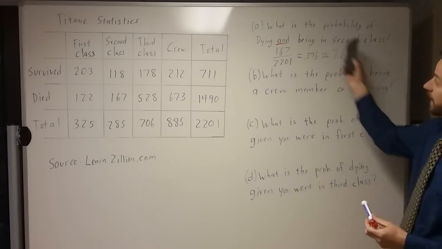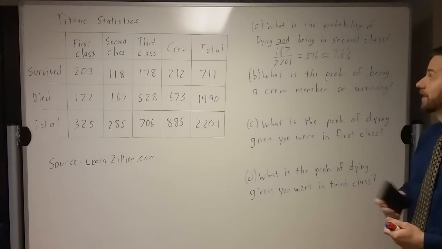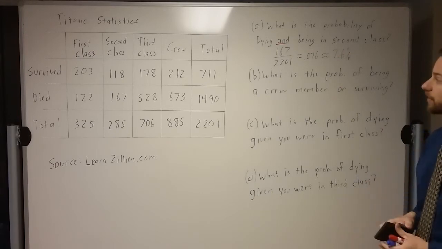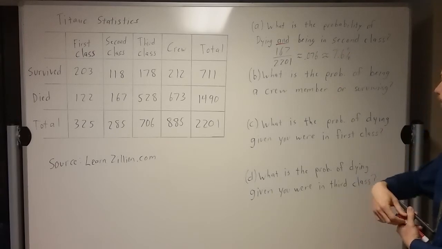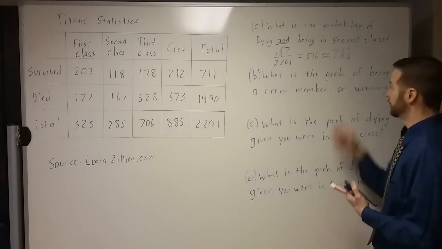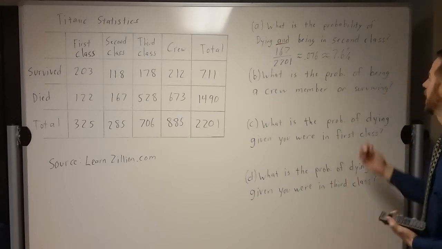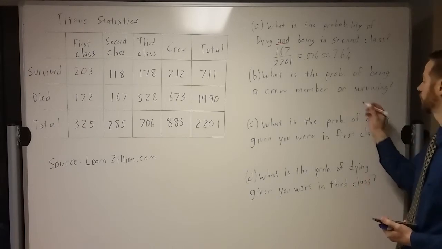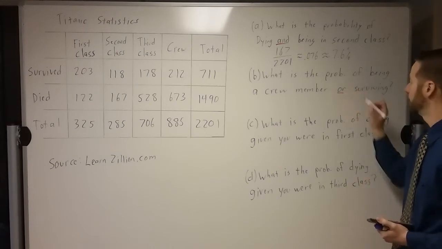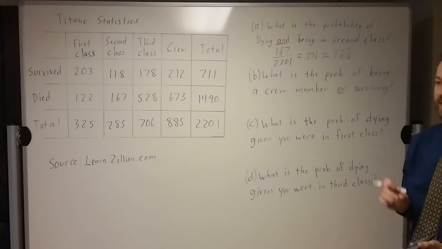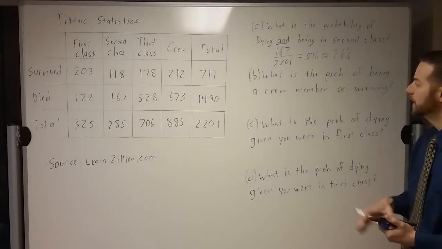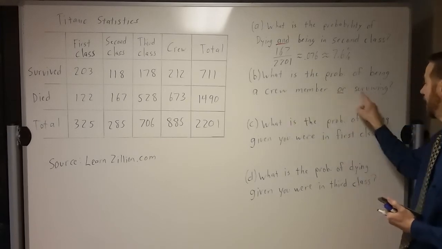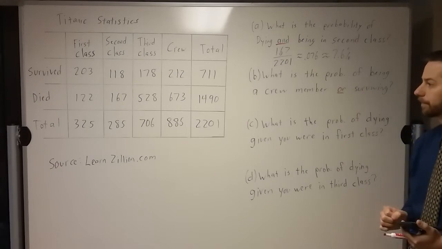This actually isn't anything new with the givens that we're doing today. I just thought it'd be a good chance to review some of the stuff we've done before. This next one says, what is the probability of being a crew member or surviving? Remember, "or" is the operator here. That means if either of these two things happen, then it's a desirable outcome.